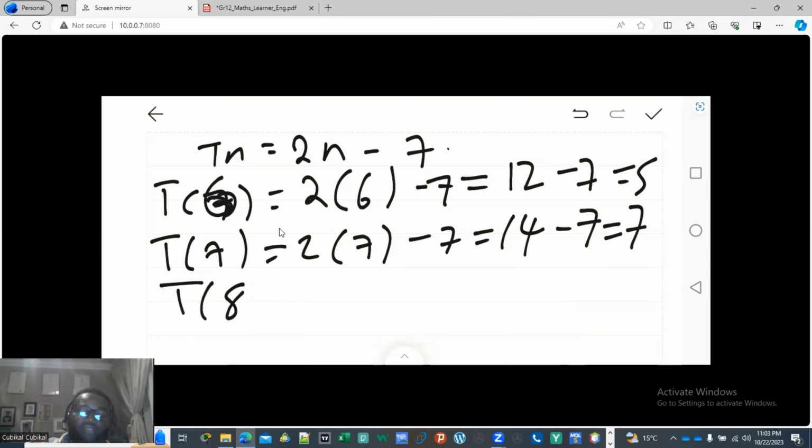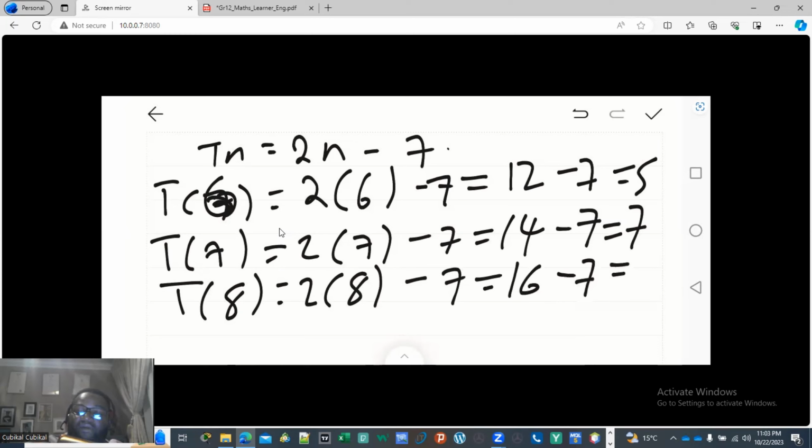When you say T8, which is 2 times 8 minus 7, you're going to get what? 16 minus 7, and you're going to get the final answer as 9, which is right because 9 minus 7 equals the common difference, which is 2.